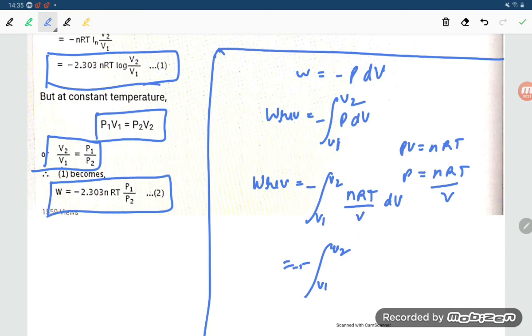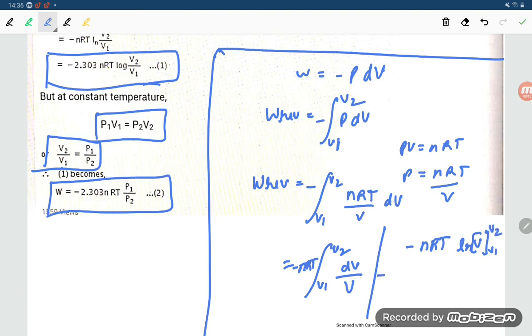So here is negative sign nRT, let it be common before, and here is dV upon V. So what will be there, student? Minus nRT, and here the integration gives ln, between V1 and V2.